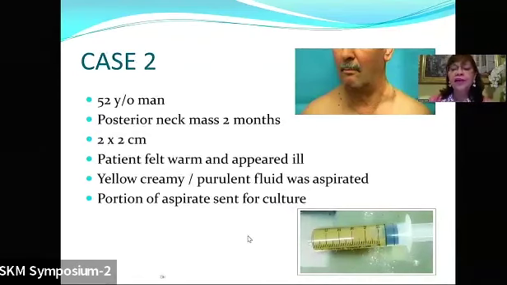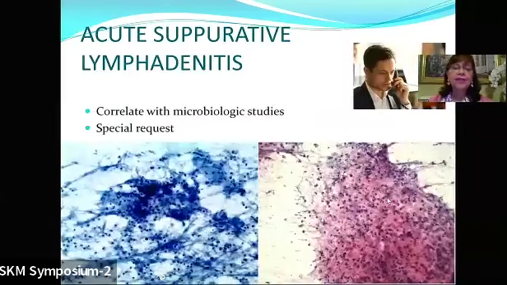And of course, some of this was sent for cultures. So when we saw the smears, we said, well, this looks like acute necrotizing inflammation. So our diagnosis was acute suppurative lymphadenitis, and we requested them to correlate with the patient's microbiologic studies.